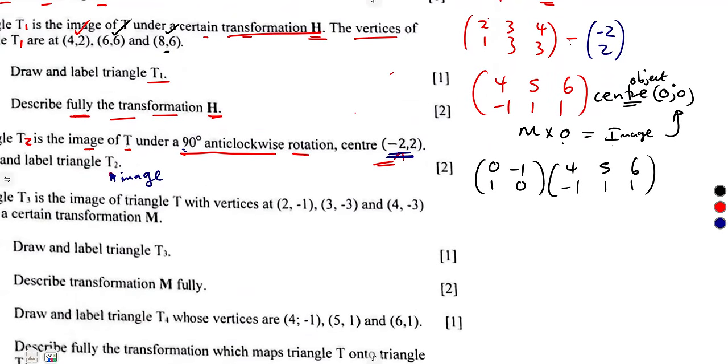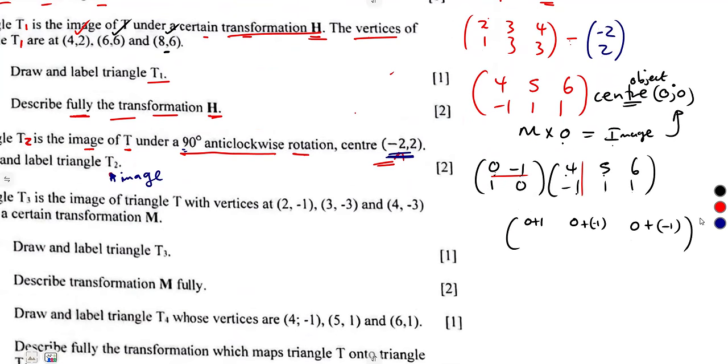Row by column. So 0 times 4, that's 0, minus 1 times minus 1, that's positive 1. 0 times 5, that's 0, minus 1 times this, that's minus 1. 0 times 6, that's 0, plus minus 1 times 1, that's minus 1.